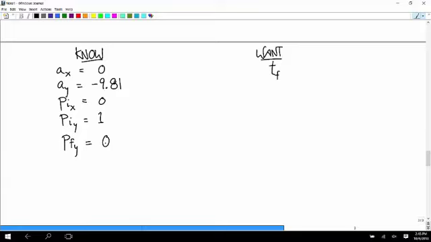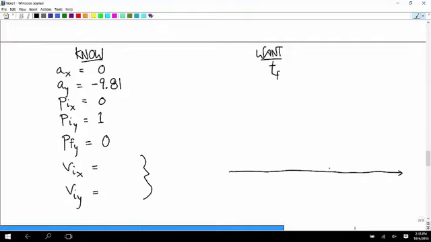And then the velocities. Do we know anything about the initial velocity? We can figure that out. We weren't given it as components, but we were given everything we need to figure out the components. What we have is a vector that's horizontal, and it's really long. It has a magnitude of 1,000.